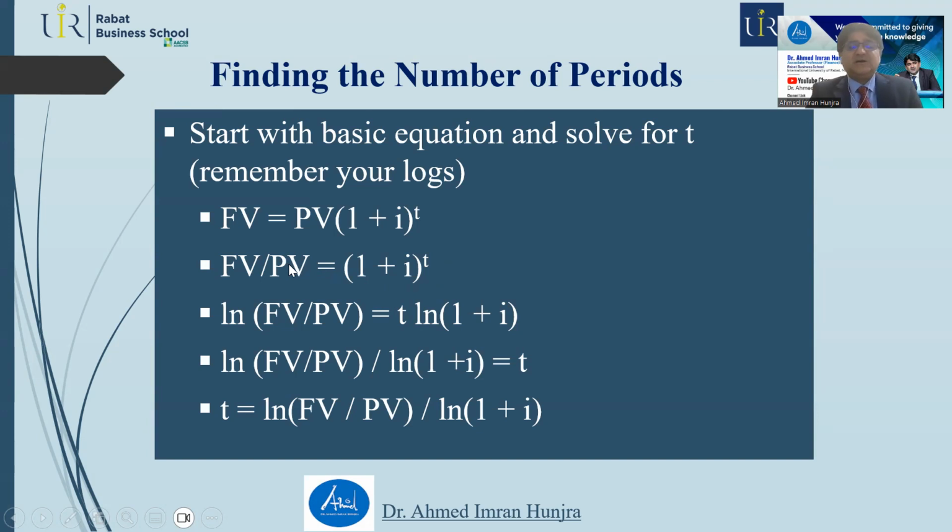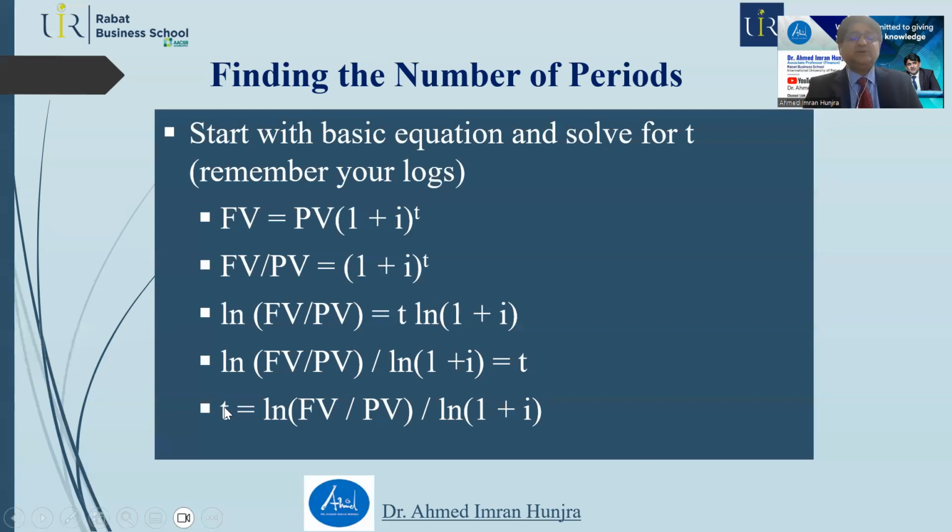So we can take log on both sides of the equation. So log of future value divided by present value is equal to, once we take log, this power converted to a coefficient, t times log of 1 plus i. So we need to find t, and we can have t on this side: log of FV divided by PV, whole divided by log of 1 plus i, is equal to t, and that is the formula.